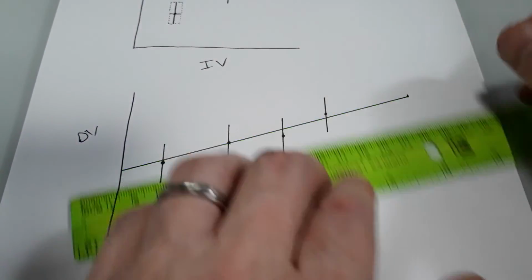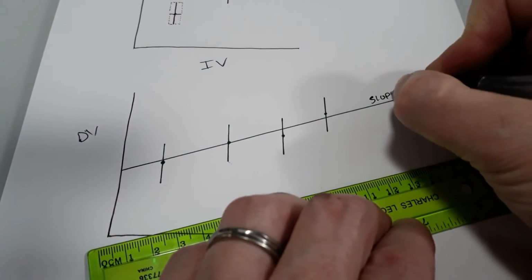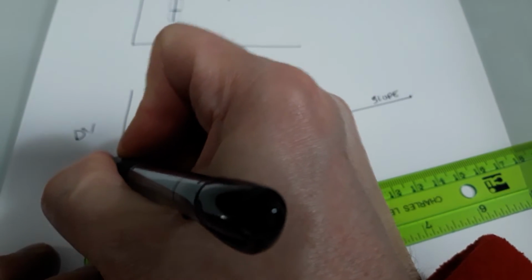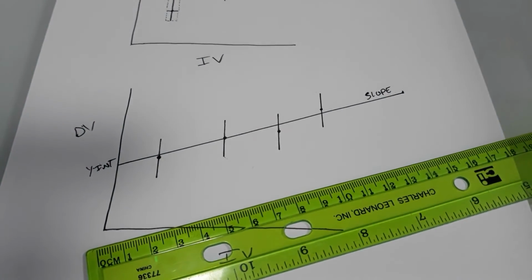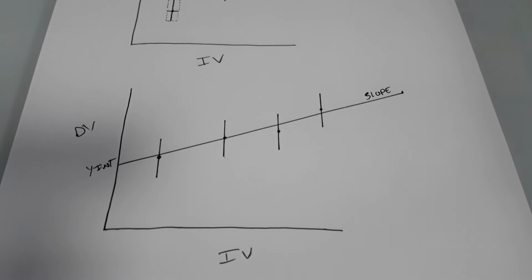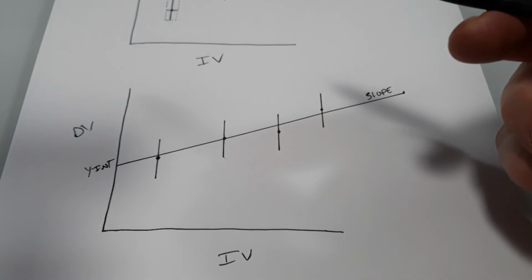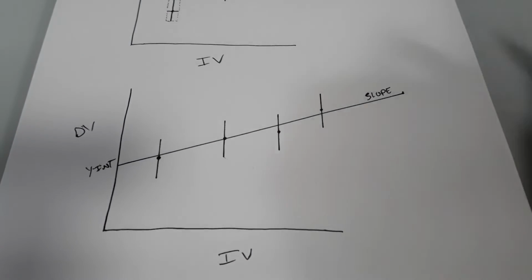Okay, and so I have some slope, and there is some y-intercept. Now that's something where obviously either Google Sheets or Microsoft Excel would calculate the value of our slope, and then they would tell us what the y-intercept is. But obviously we can do it manually also.